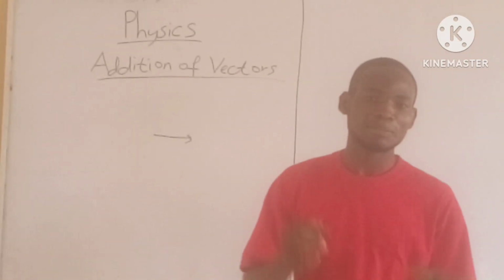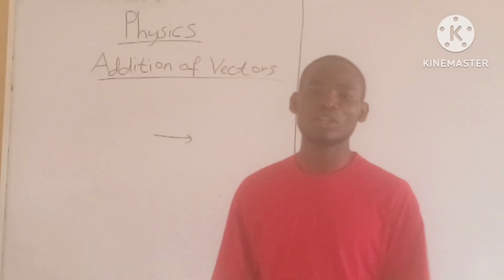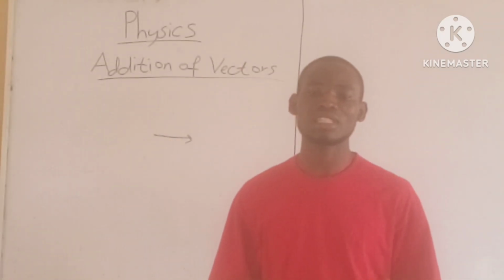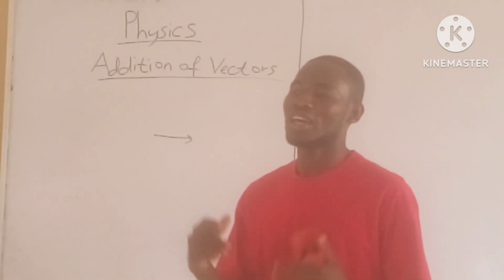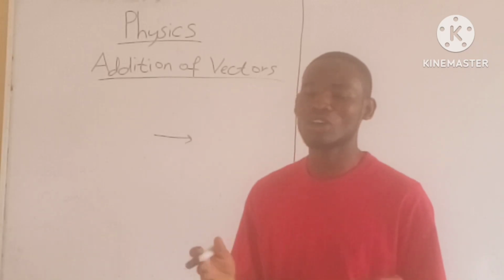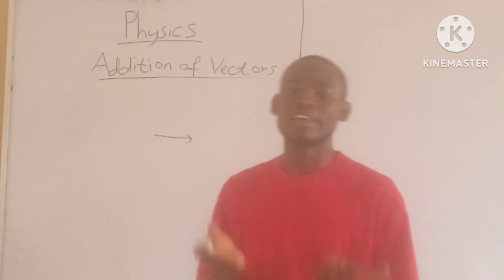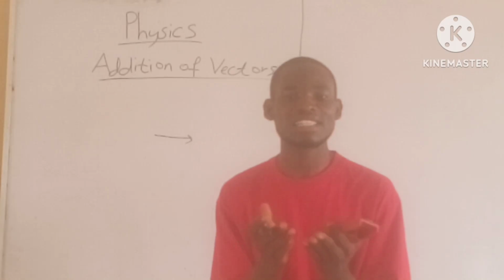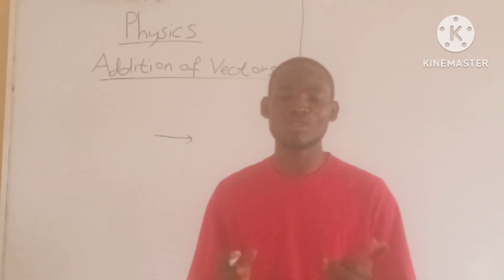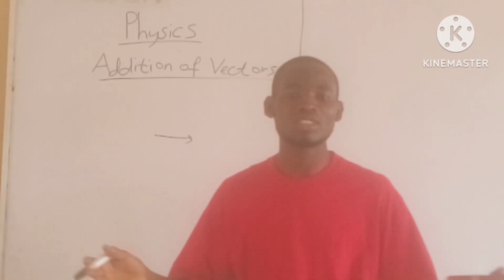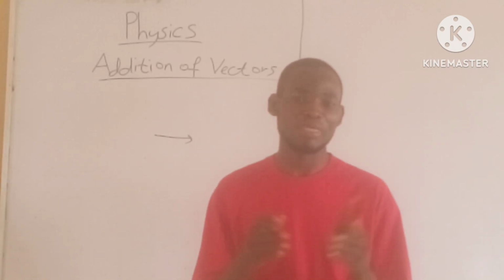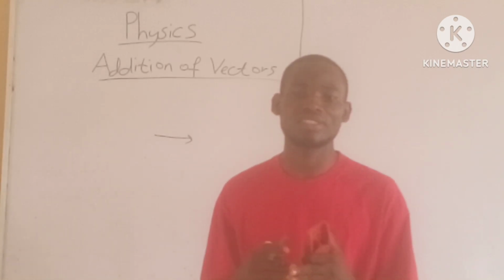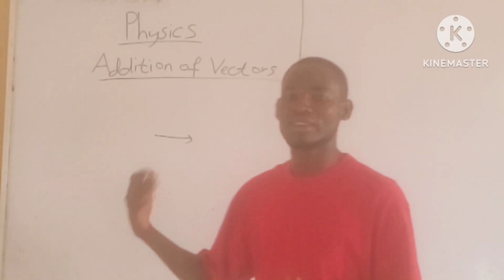Vector quantities are quantities that have both magnitude and direction. I said scalars are added with simple arithmetic, but vectors, you don't just add them using simple arithmetic. You use vector methods in adding the quantities. And today we're talking about how we add vectors.